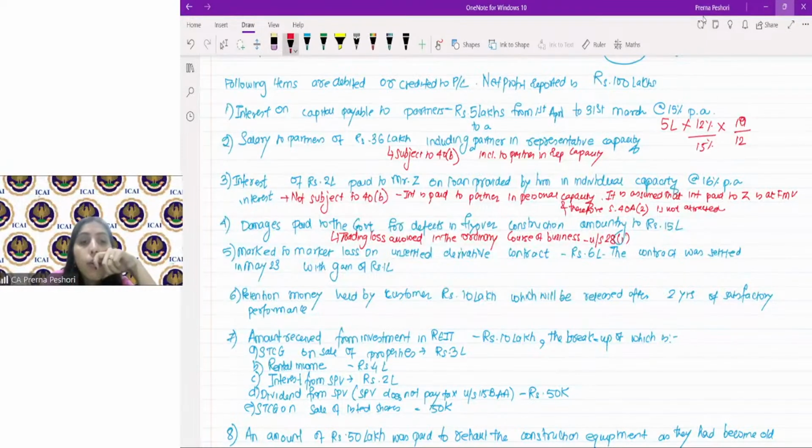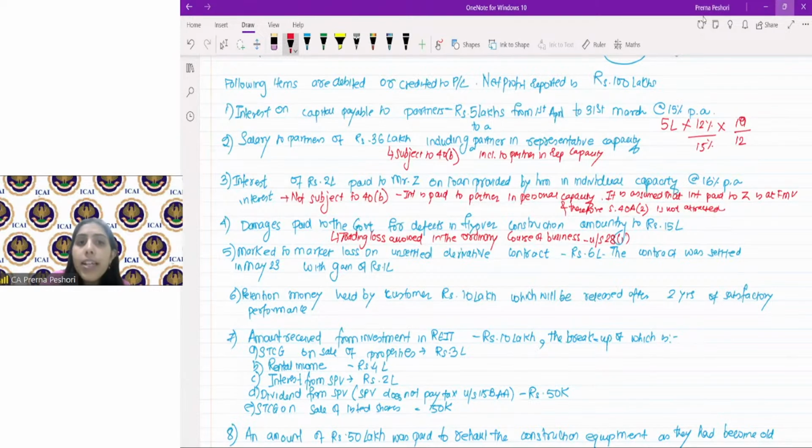So here, what does ICDS 1 talk about? ICDS 1 clearly talks about the mark-to-market losses, that they shall not be allowed.